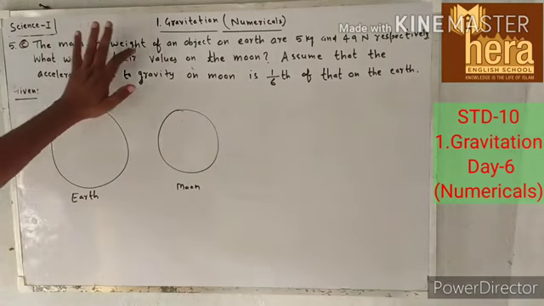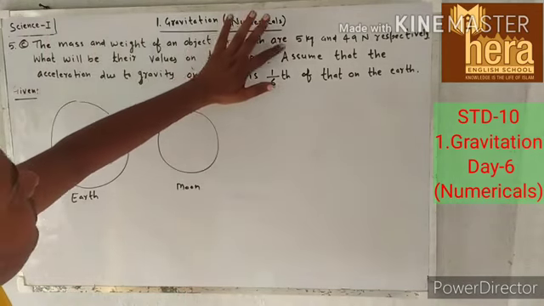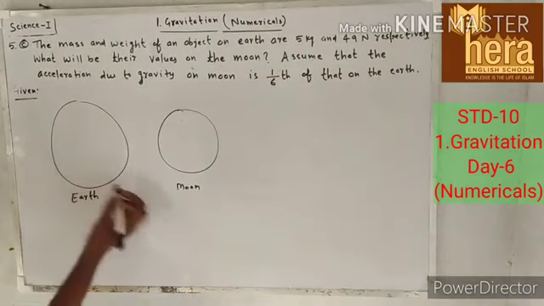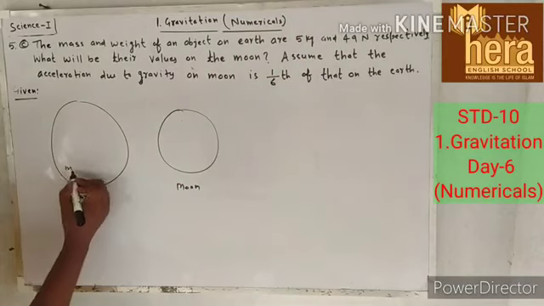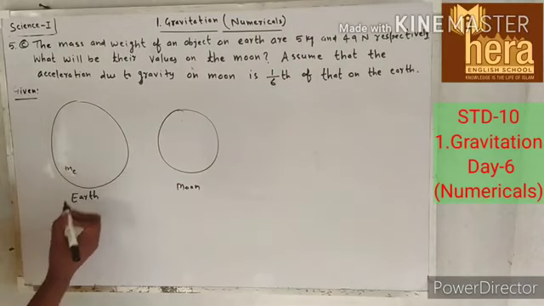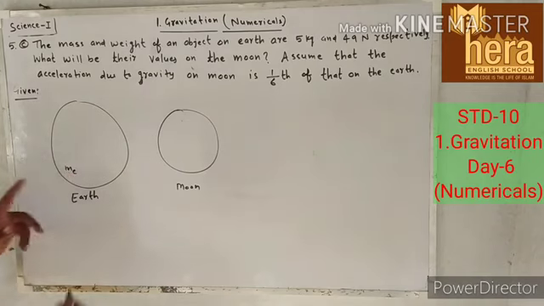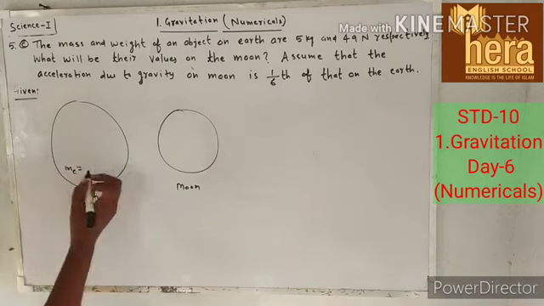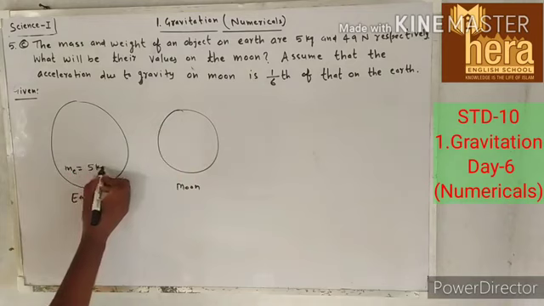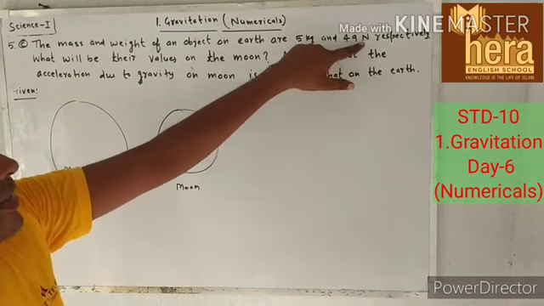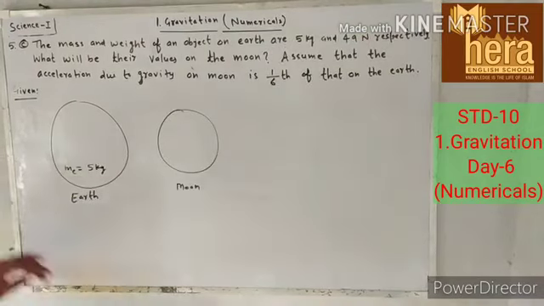The mass and weight of an object on the earth are 5 kilogram and 49 Newton. Mass on earth, that is ME, is equal to 5 kilogram. 49 Newton, see, Newton is the weight.